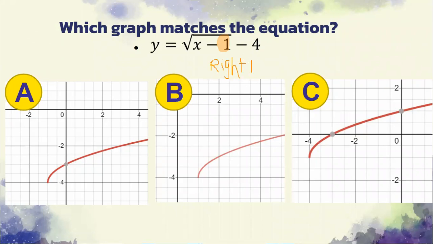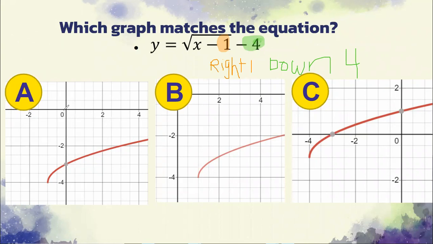And additionally, I notice that there is a -4 value where the k vertical transformation is. So that means we're going to go down 4 units. So from our locator point of our original graph, from 0, 0, our graph needs to go to the right 1 unit and then down.